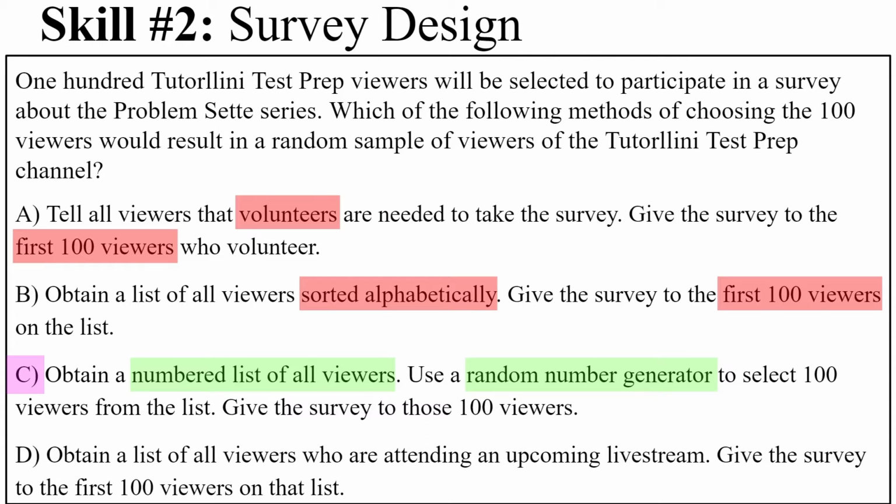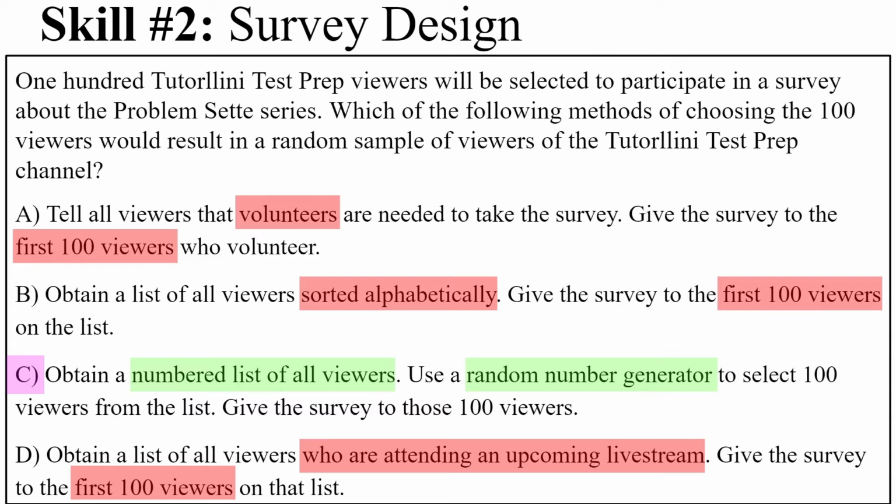All right, it says attain a list of all viewers who are attending an upcoming live stream. Okay, so that sounds like a convenient sample. We're just reaching them because they happen to be at the live stream. And once again, we're giving them to the first 100 viewers on that list. That is a double whammy. We don't want to just mindlessly read off a list, and we don't want to select them based on some characteristic that does not matter, that we don't want to skew the results.